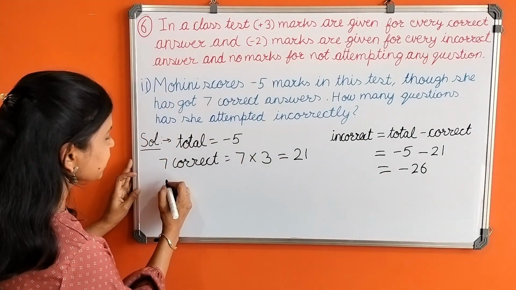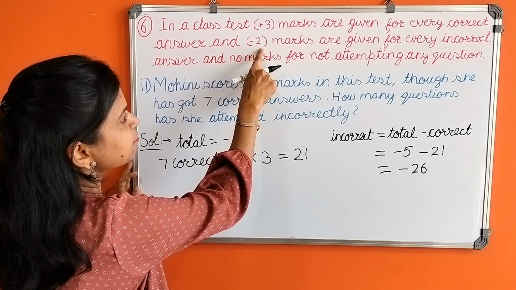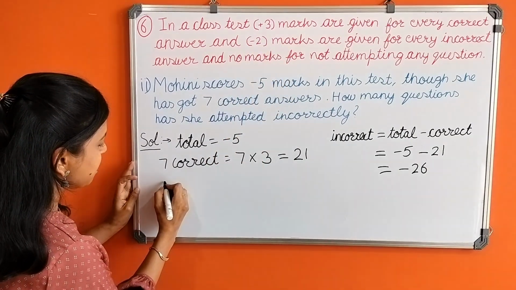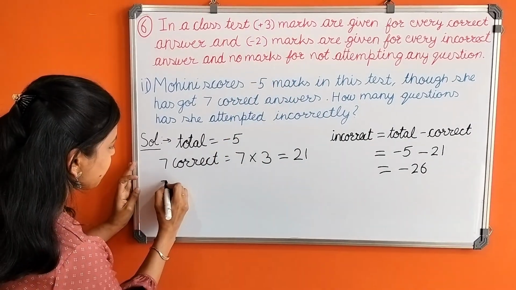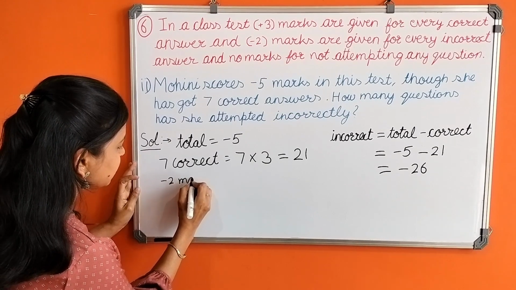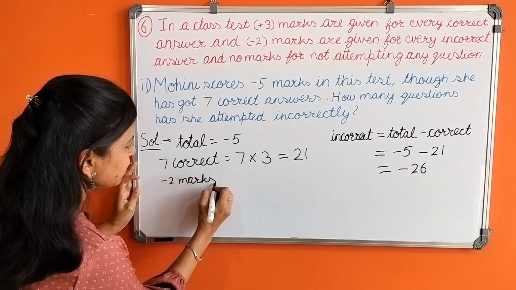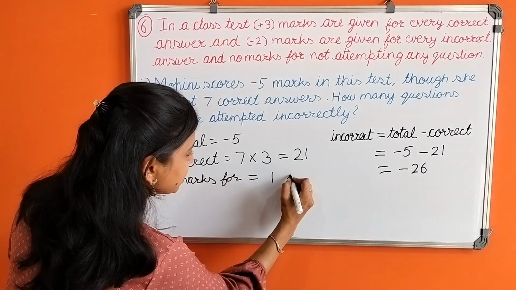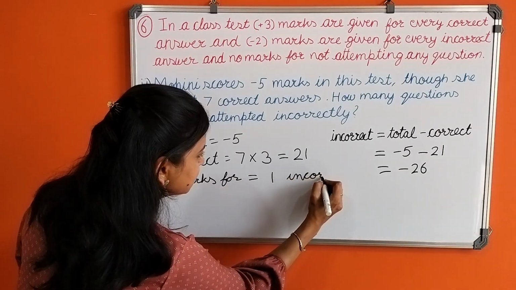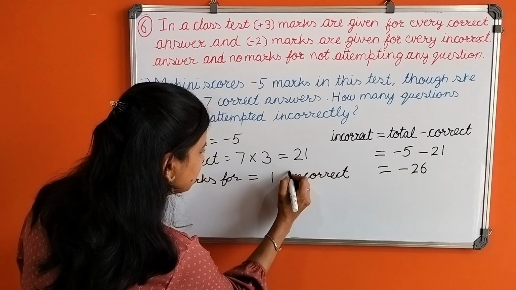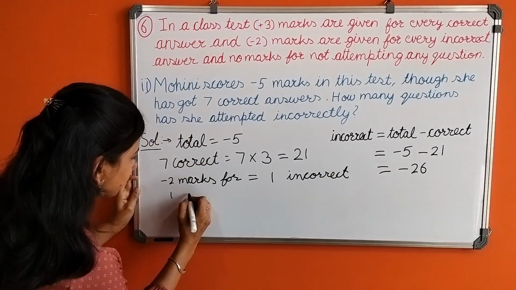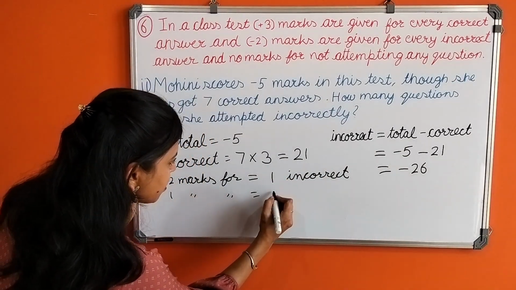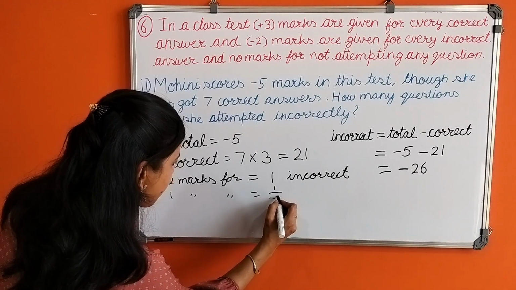So we have three quantities. Minus 2 marks for one incorrect answer. 1 mark for 1 by minus 2 of an answer.